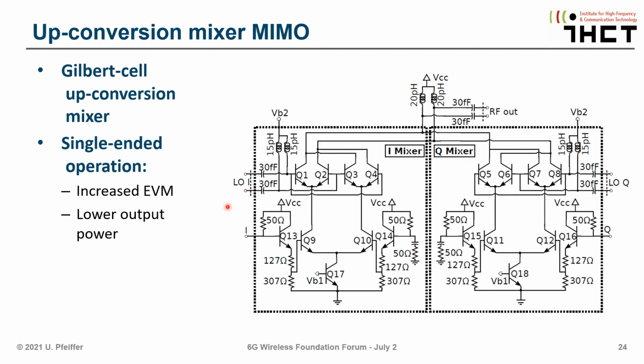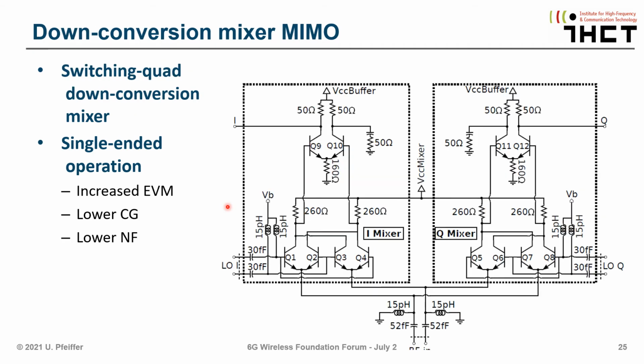That's not an ideal situation, so it's still a double balanced Gilbert cell, but just using a single output. And that, of course, is not ideal in terms of EVM and also in terms of output power. So a differential drive, of course, would have been something that we would like to implement, but really it is I/O limited.